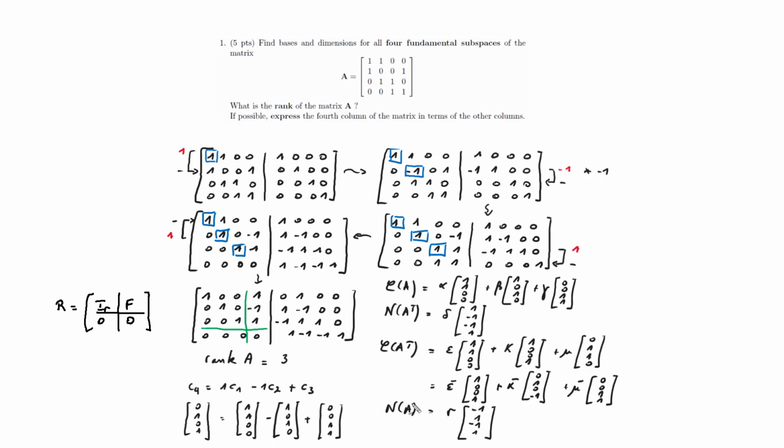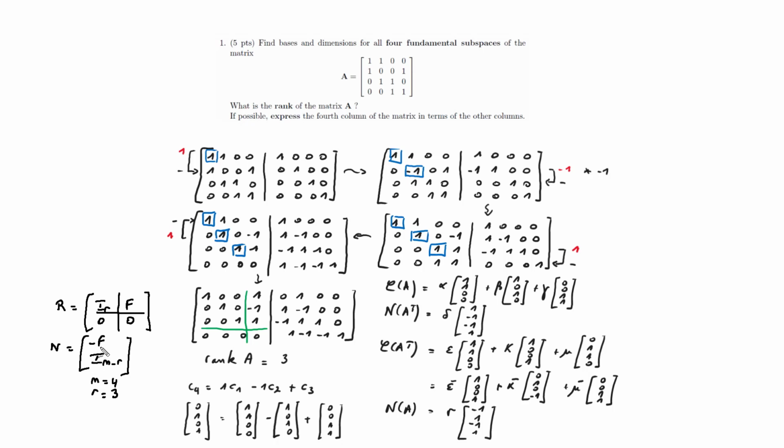And the null space of A is spanned by the columns of N, and N is constructed as follows. It's minus F, and below you put an identity matrix of dimension n minus r, right? And n is 4 here, it's the number of columns, and r is 3, right? This is the rank of the matrix.